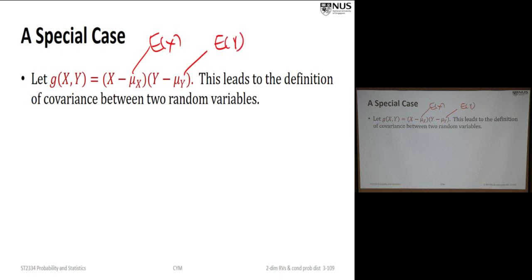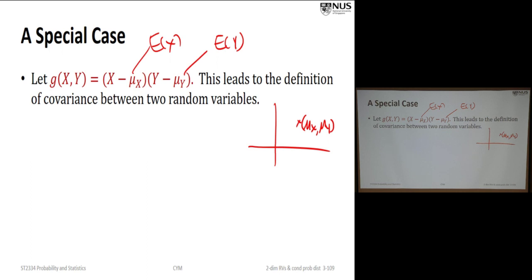So let's look at this in a two-dimensional plane. This is the point mu x, mu y. Mu x is a number, mu y is a number.